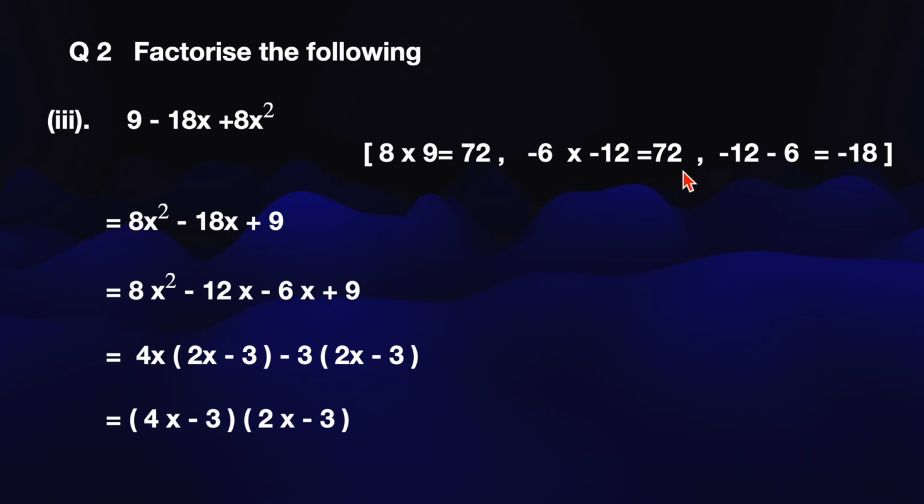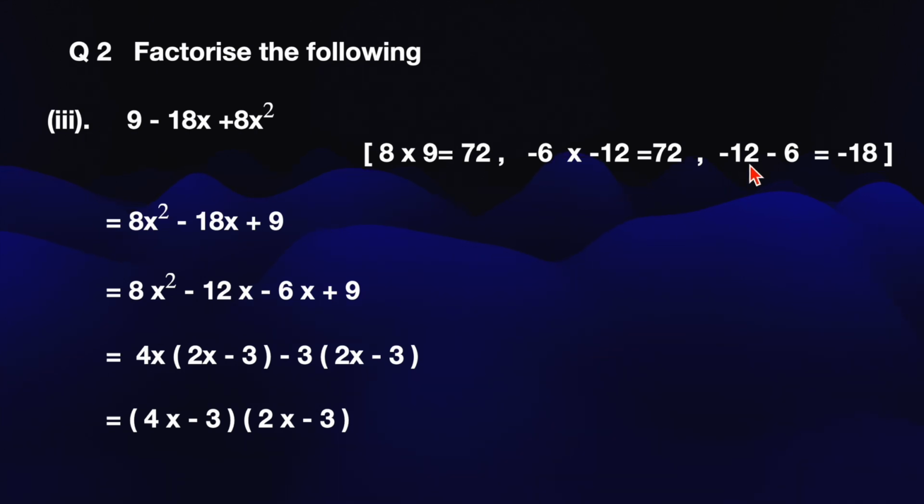Here we can see 6 12s are 72. The last term is positive, but the middle term is negative. So since the middle term is negative, both will get a negative sign. We have to put a negative sign on both the numbers.